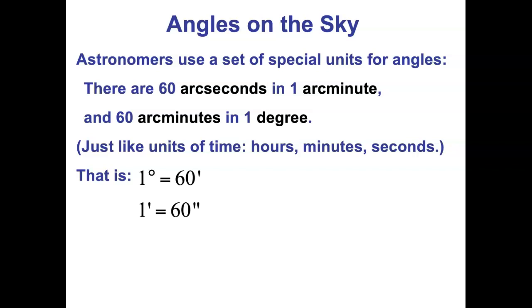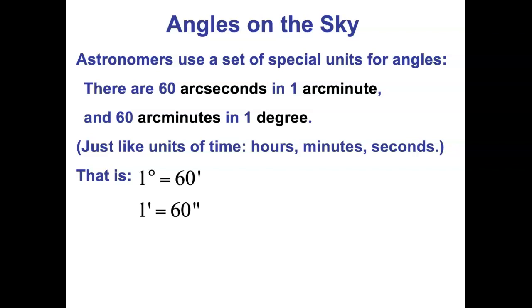So when you're measuring positions and sizes, the size things appear on the sky, you're measuring the angle between the left side, your telescope or your eye, and the right side.